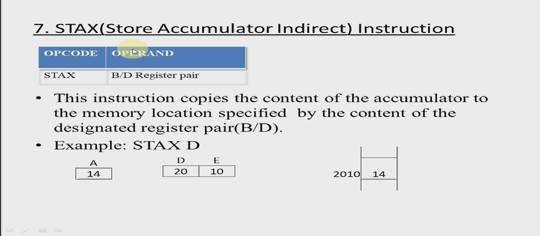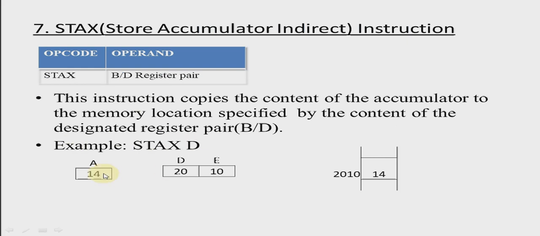The next instruction is STAX, store accumulator indirect. This instruction has a B or D register pair as an operand. This instruction copies the content of the accumulator to the memory location specified by the content of the designated register pair. And what are those pairs? B or D. So with STAX D, what I intend to do here is store the content of my accumulator at the memory location pointed out by the DE pair.